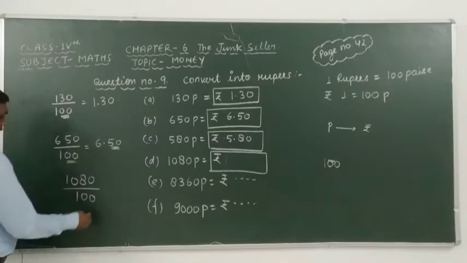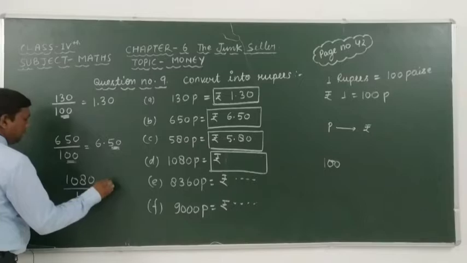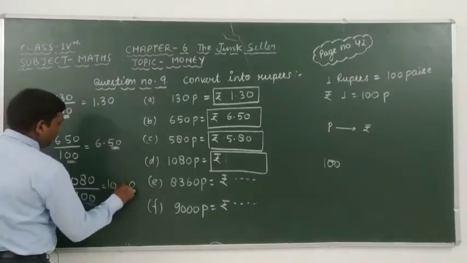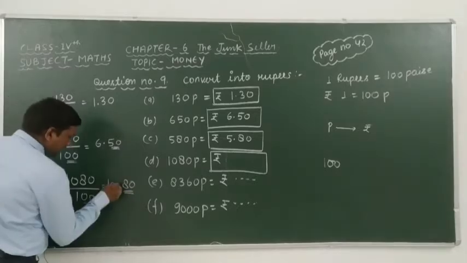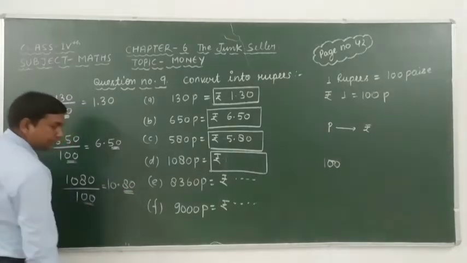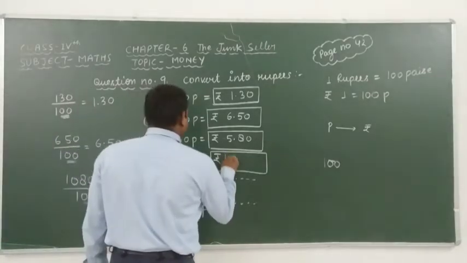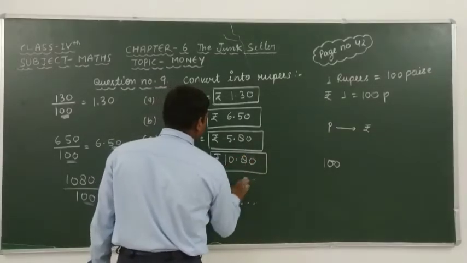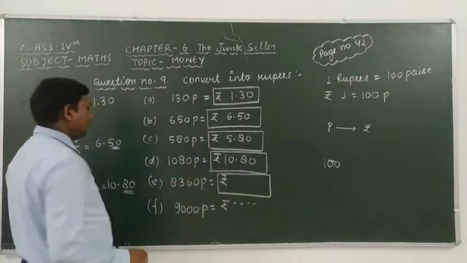Here we have to put the decimal point before the 2-digit place. Then the answer is 10.80.